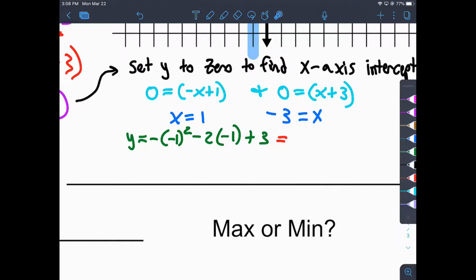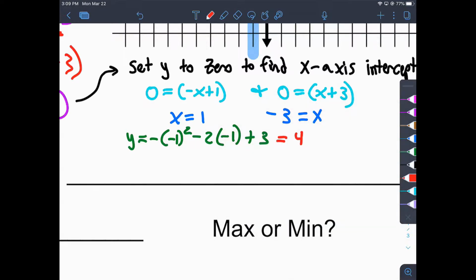Then I have -2 times -1, which is really a positive 2. So what's -1 plus 2? Well, that's just 1. Then plus 3. It is a 4.